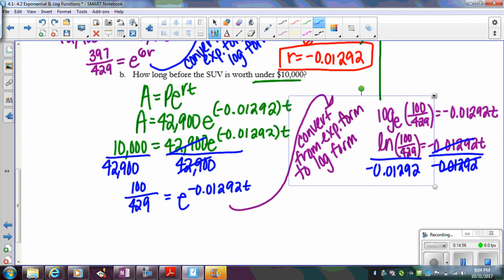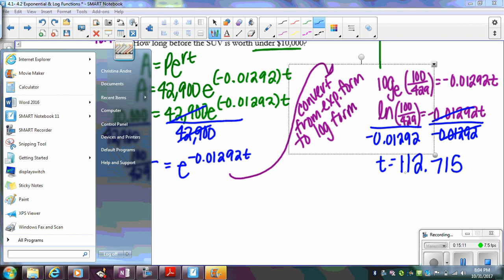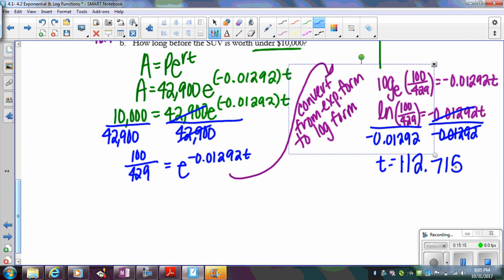So those are gone. And I can type that entire thing into my calculator. And when I do that, I get 112.715. So that means at 112.7 months, we're looking at this car equaling $10,000.